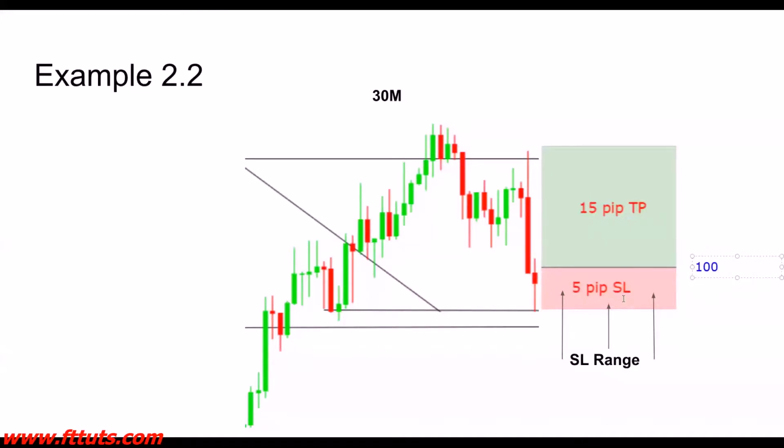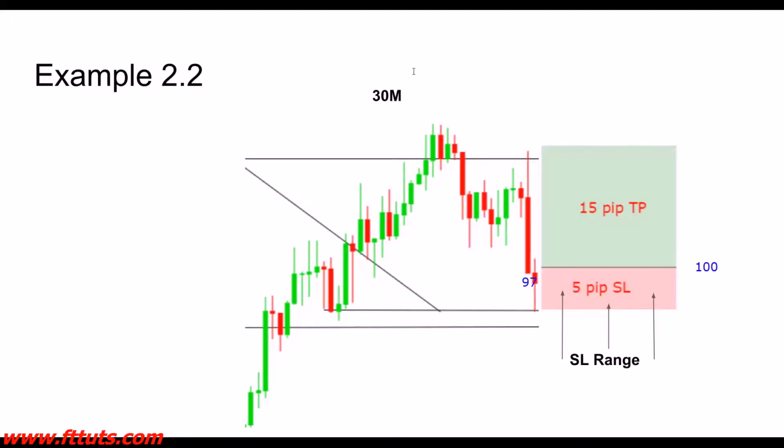And where price is at this moment in time, let's just say here, this is 97. So all we're now waiting for is for price to push up to our level of 100, which is our buy stop, and whilst it's pushing up, get triggered into the market.